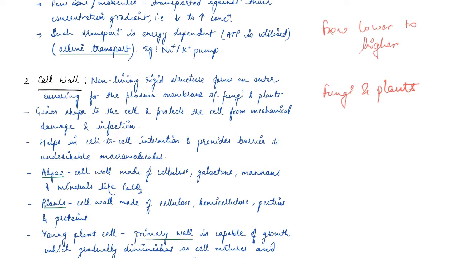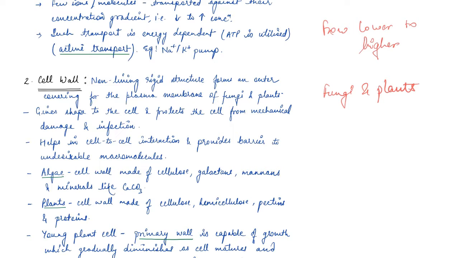Now, the cell wall not only gives shape to the cell, guys. So, basically, the major function of the cell wall is giving shape, right? It also protects the cell from any kind of mechanical damage or infection. So it doesn't just give shape to the cell, it gives protection as well, right?